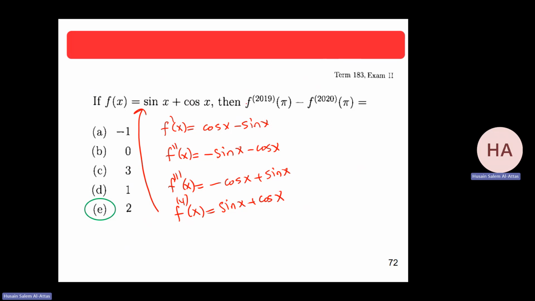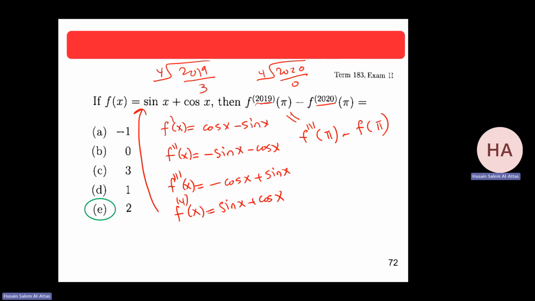So I need to check this. 2019 over 4. If you do the calculation, you get remaining 3. So this one is the same as the third derivative at pi. This one, if you do the calculation, the remaining is 0. So it will be like f of pi.